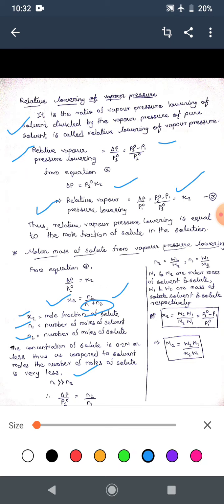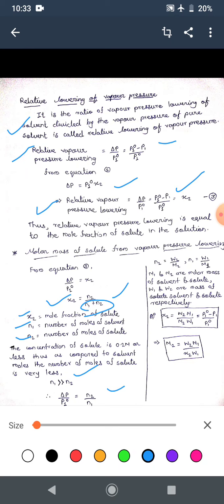Hence, we can neglect the N2 from the addition of N1 plus N2. Hence, the equation delta P upon P1 naught becomes equal to N2 upon N1, where N2 is the number of moles of the solute and N1 is the number of moles of the solvent. But here what do we want?